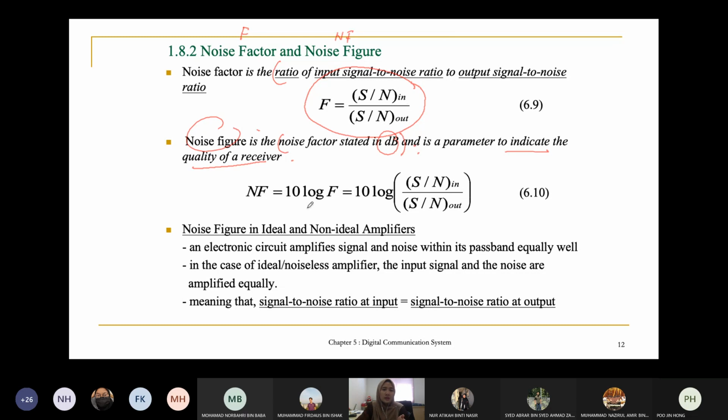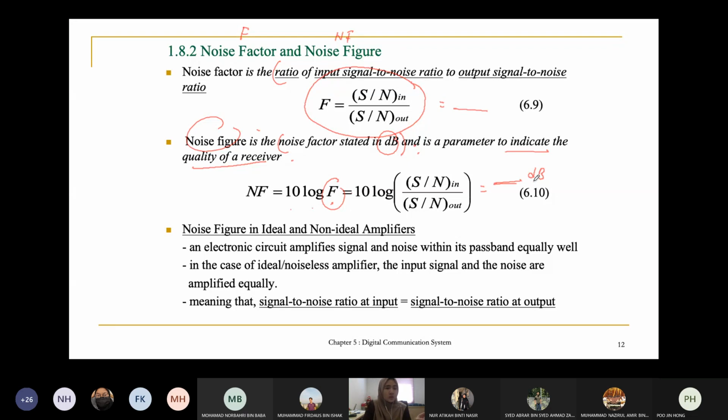So that's why NF is equal to 10 log F, because you want it to be in the unit decibel. This one is the absolute value. Because you multiply with 10 log, the unit is in decibel.